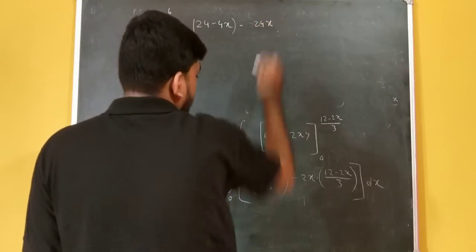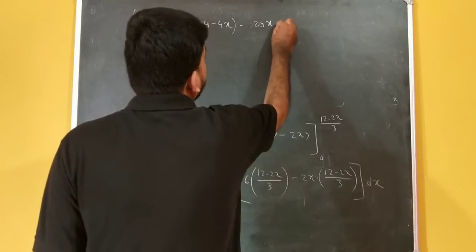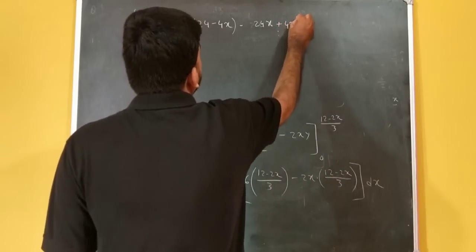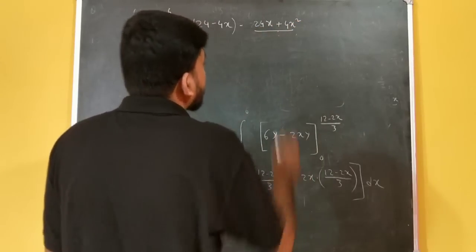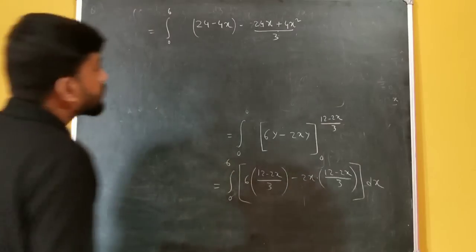So minus 24x, and minus 2 into minus 2, which is plus 4x square, divided by 3, into dx.